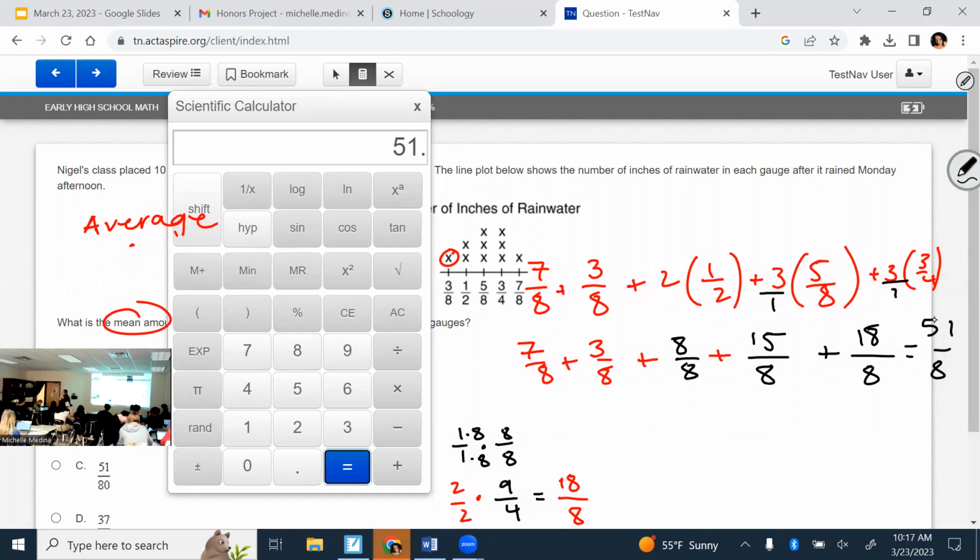What do we have to do to find the average? Divide by however many numbers you added. So remember, the average or the mean, in other words, is the sum of your numbers divided by your number of numbers. Okay, so how many data points did we have? We had 10.